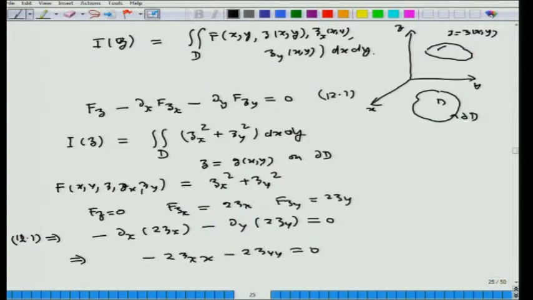Multiplying by minus and dividing by 2, we get z x x plus z y y equal to 0. This is the Laplacian in 2 dimensions of z equal to 0, where the Laplace operator in 2 dimensions is del x x of u plus del y y of u.